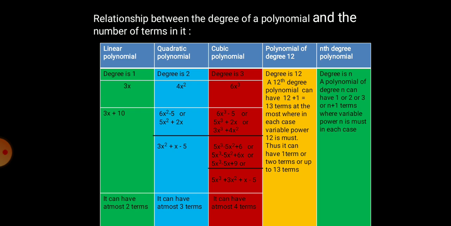But in each polynomial, the power 12 term is very compulsory. It's very important to have the power 12 term. In the same way, an nth degree polynomial will have at the most n plus 1 terms. This is all about the relationship between the degree of a polynomial and the number of terms involved in it.